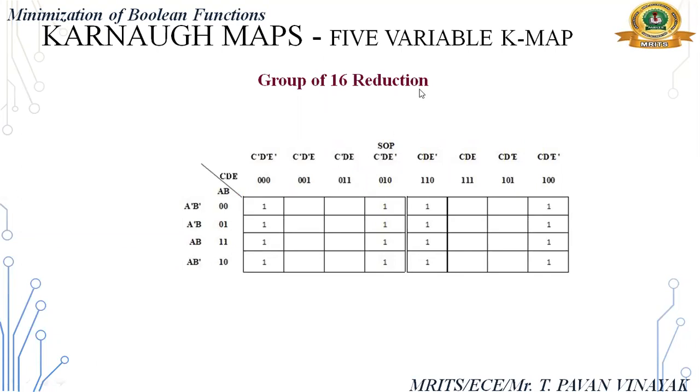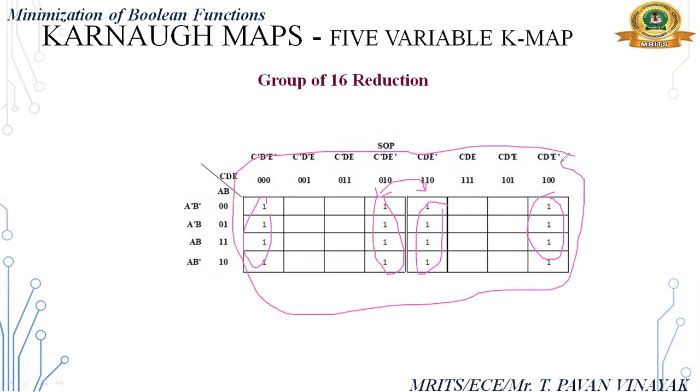Okay. Next, 16. See, you already know these two can make one octet, right? From these four. Again, these two also can be taken as an octet. But combinedly, these two are reflective, right? So you can take all ones as a group. Okay, 16 ones.